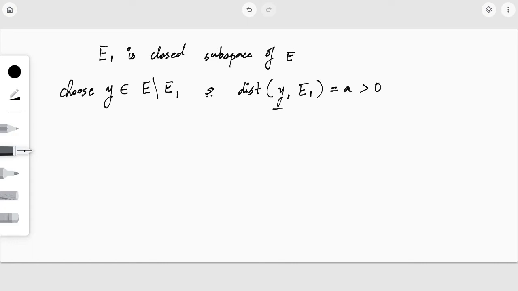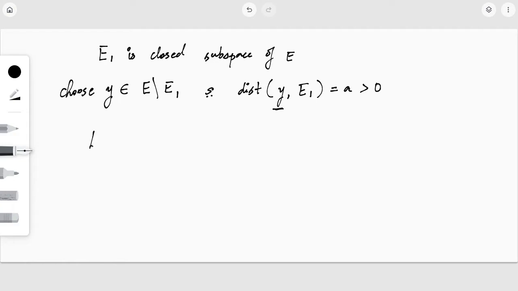Now such an element can be chosen. Why? Because E1 is a closed subspace of E. So if I choose any element in E outside E1, its distance from E1 will be greater than 0. Keep this point in mind.